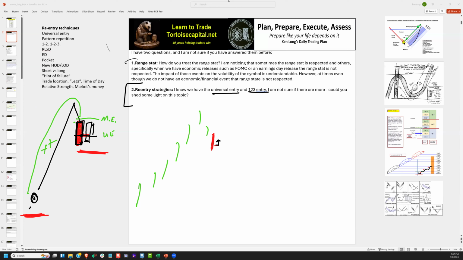I can enter on a breakout above this bar with that as my stop, as long as this bar that's now working has not made a new low while it's open, and before I entered. I mean, it could very well trick me in, and now I'm long. And then while that bar is still open, it reverses in the same bar. And then if it goes below the previous bar's low, I'm out right away in the same bar.